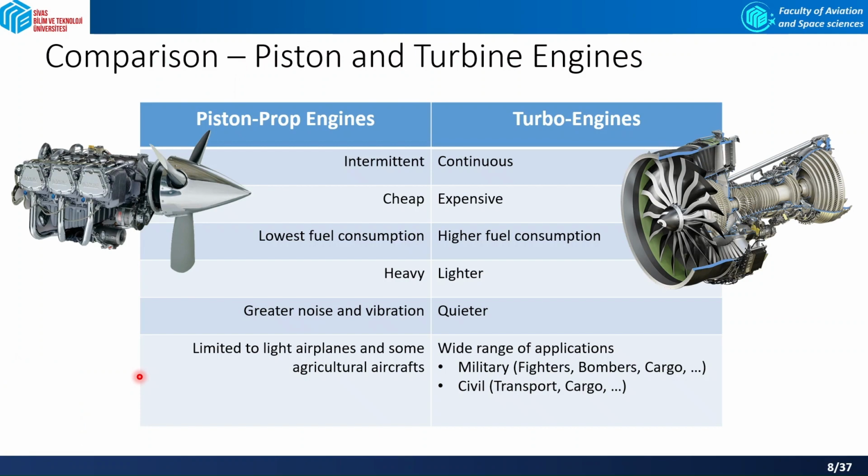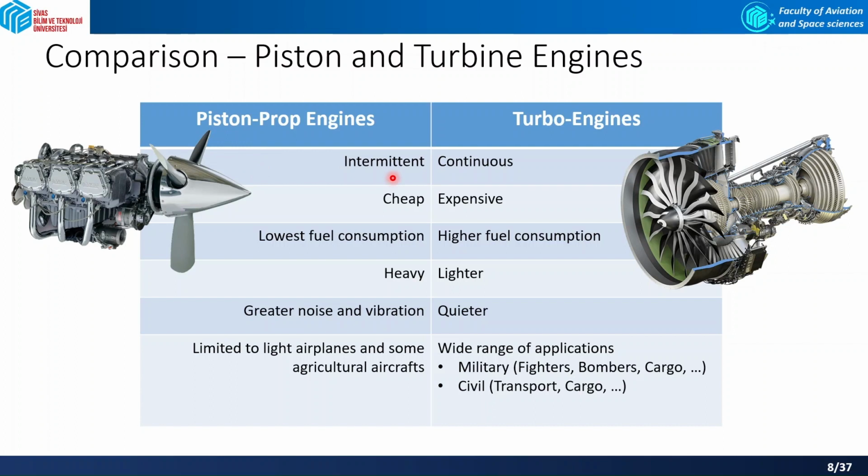If you want to compare the piston engine and the turbine engine, we said that we have piston engines to which we connect the propeller, and we use them in some airplanes. In major airplanes, we have the turbo engines or jet engines. We can have this comparison table. As you know, the piston engines are intermittent engines.